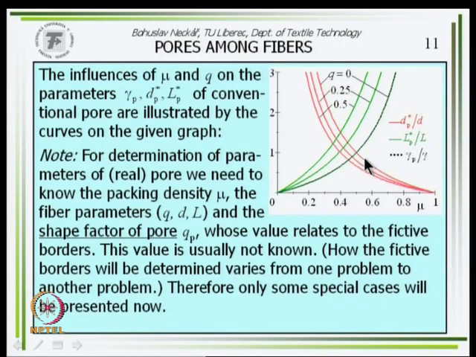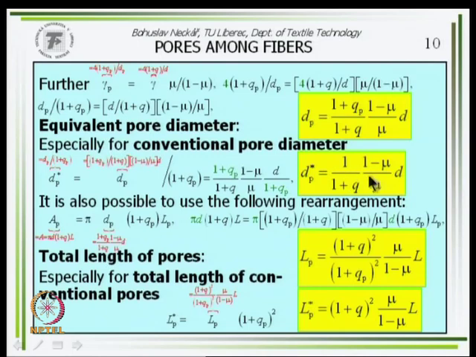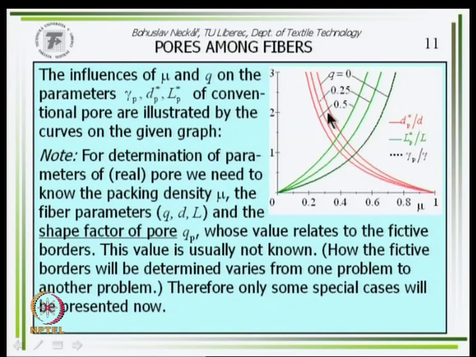To illustrate the conventional pore, in this moment I don't know QP, but I can say something about the conventional pores. How is the conventional equivalent diameter of the conventional pore? The diameter of the conventional pore is shown here, based on our earlier equation, by red curves.